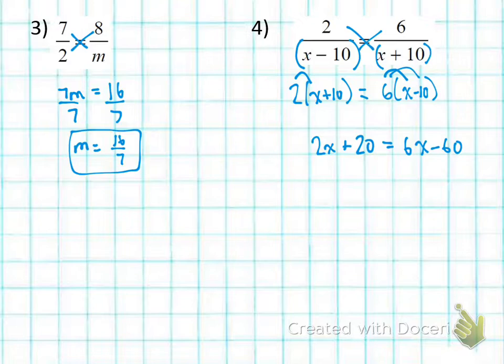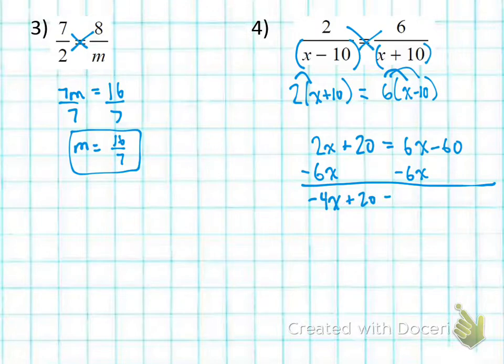All my x's together? Which side do I usually like having my x's? On the left. So we have positive 6x here. How do I get positive 6x to the opposite side? We do negative 6x, right? So we got 2x minus 6x is negative 4x plus 20 is equal to negative 60.